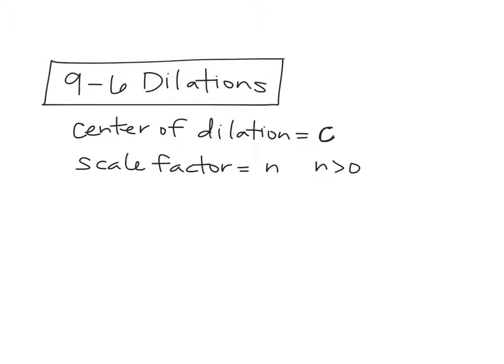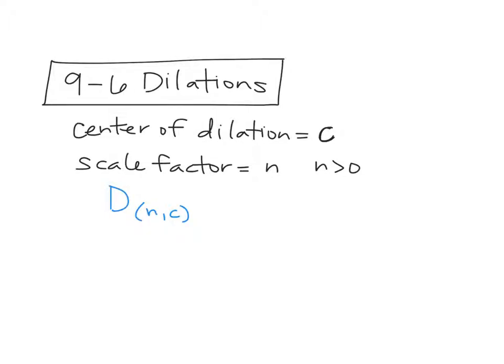And then they'll write it like this. So with all the ones we've done so far, a translation was T, reflection was a capital R, rotation was a lowercase r, dilation is a capital D. So they will write it like this. It's a dilation, and then the subscript for this one is going to be your scale factor followed by the point that you dilate around, okay?